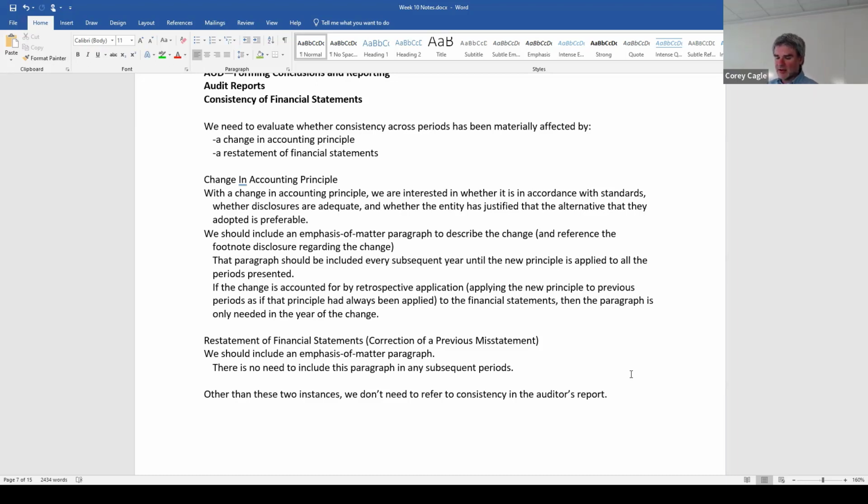So you could have an unmodified prior year with a current year qualified. So we would say something like, except for the effects of whatever on the 2020 financial statements, the statements are presented fairly as of 2021 and 2020. You can do that. You could have an unmodified current year and a disclaimer on the prior year. Any mishmash of those things you could do.